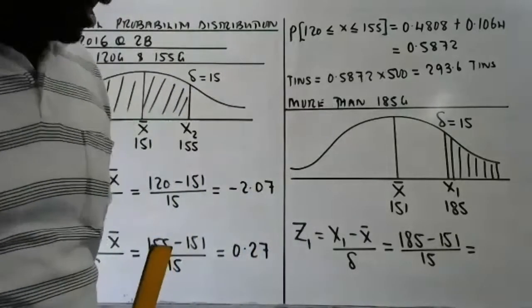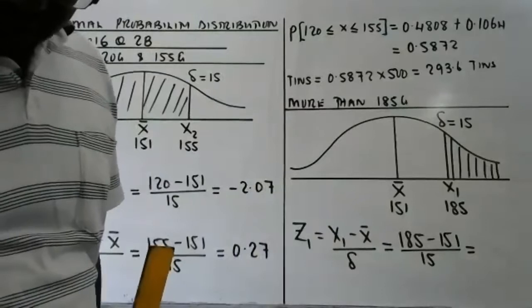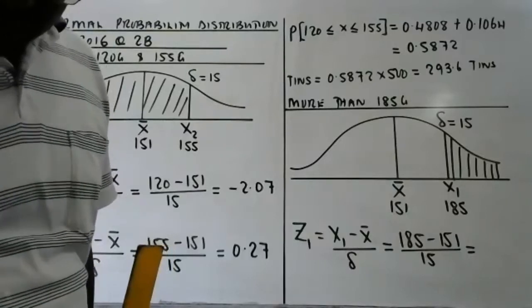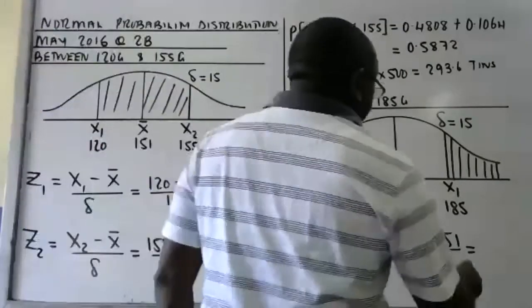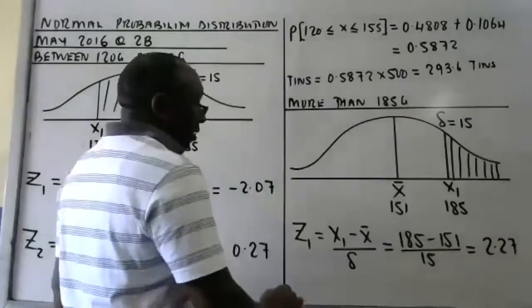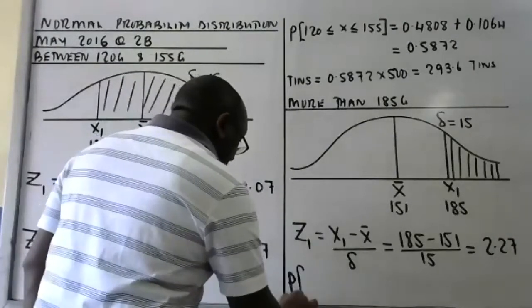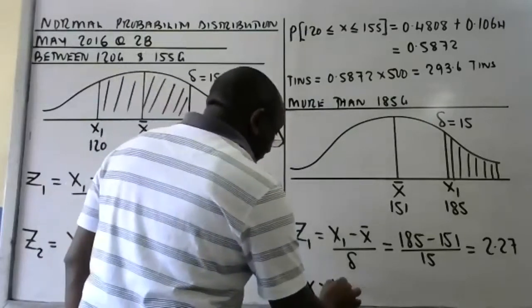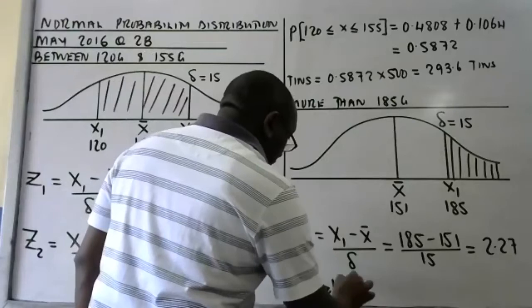So if you go to the calc, you will find 185 minus 151 divided by 15 as 2.27. So the probability that X is greater than or equal to 185.